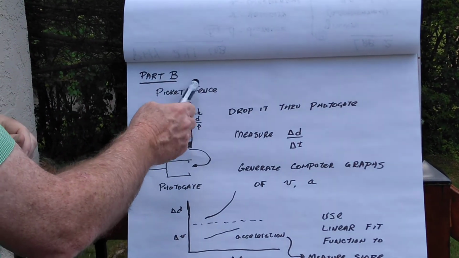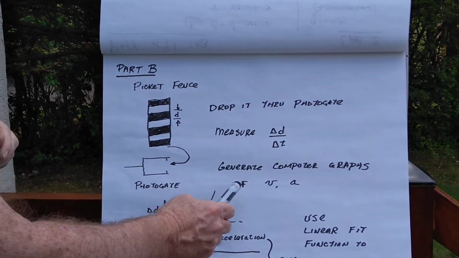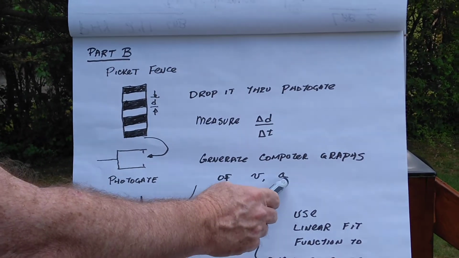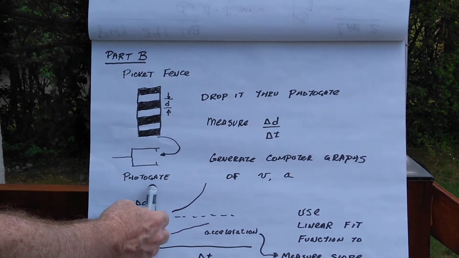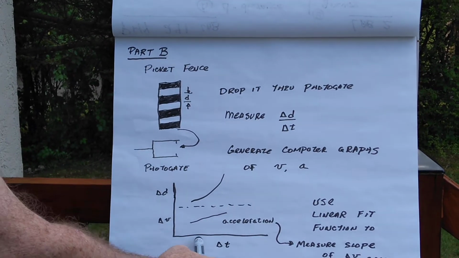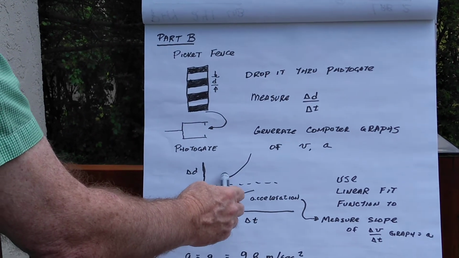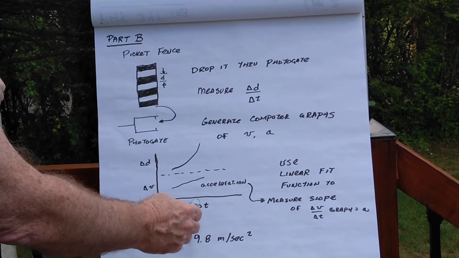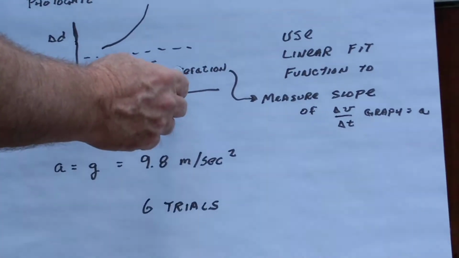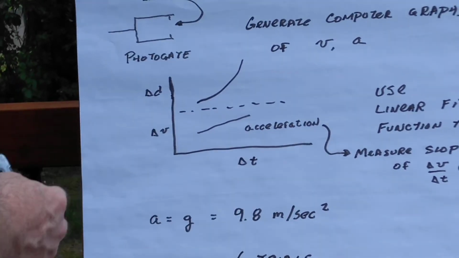So by going through this process, hooking it up to a computer, we're going to be able to generate graphs of velocity and acceleration. So again, the computer should generate a graph that shows the change in distance and the change of time looking something like this, and then the change of velocity with respect to time, which is the acceleration, and it should look something like that, a straight line upward.